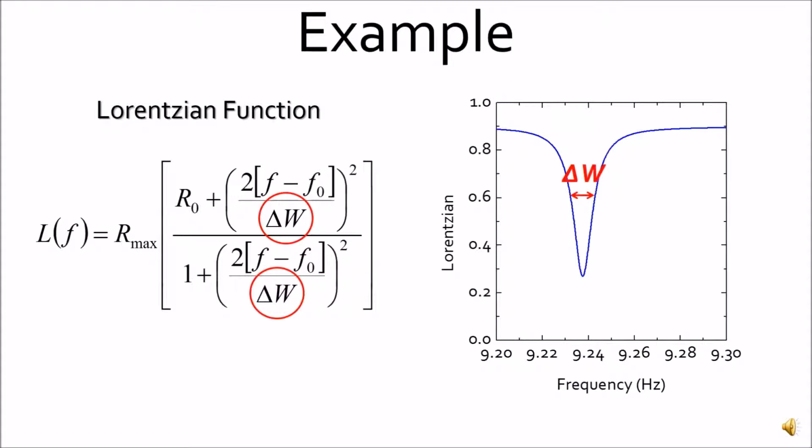Technically, delta W is the width of the function at half of the maximum peak, so at (Rmax minus R0) divided by 2, and it's the difference between the two frequencies at that reflectivity. So we have four parameters which we're going to fit, which is quite a lot normally, but I'm just using this as an example to show how you would go about fitting a function.